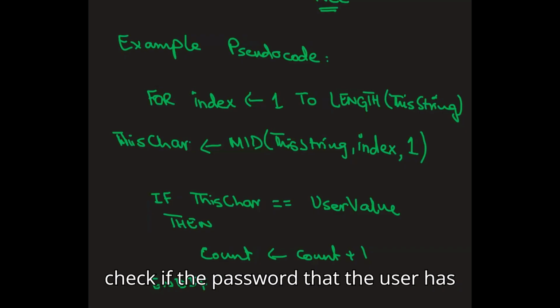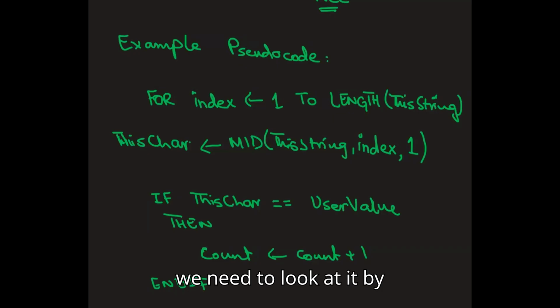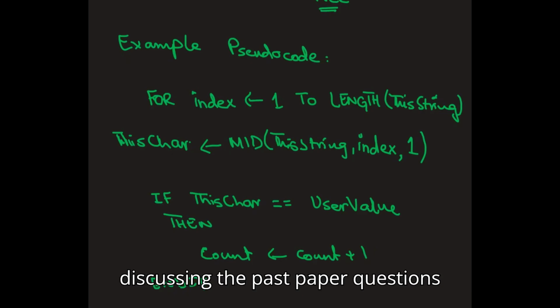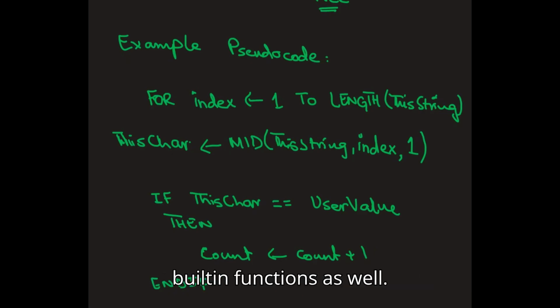So in order to check if the password that the user has entered contains all these requirements, we need to look at it by extracting every single character and check if that character is an alphabet or a number or any alphanumeric value. So we will be discussing the past paper questions shortly, and I will be explaining the built-in functions as well.